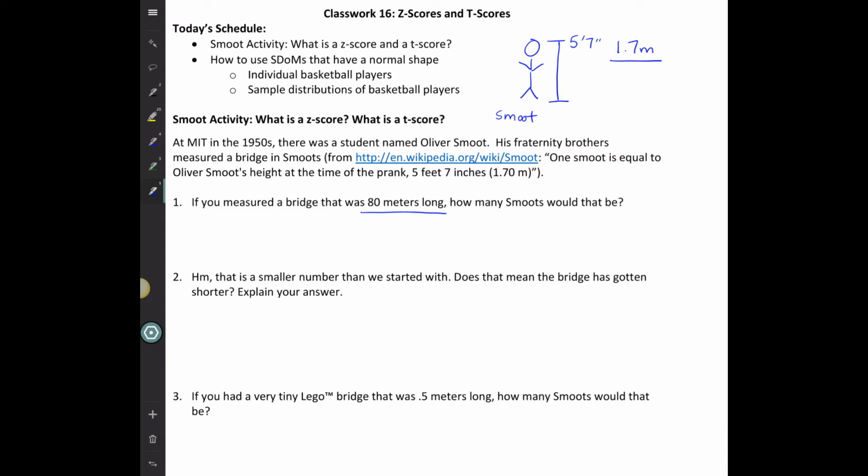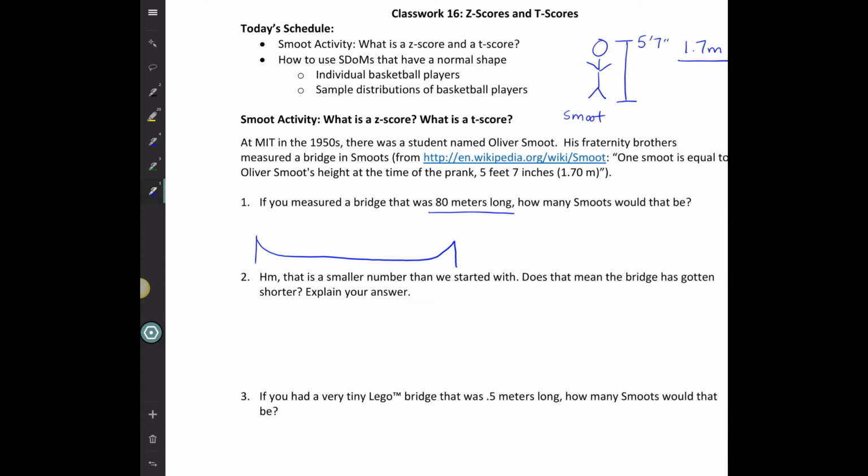So I want you to imagine I'm not the world's greatest artist, but let's say we've got some sort of bridge here. All right, so if we know that one smoot is 1.7 meters, and this whole bridge is 80 meters. So I want you to sort of imagine how many smoots would fit on this bridge is what we're trying to figure out.